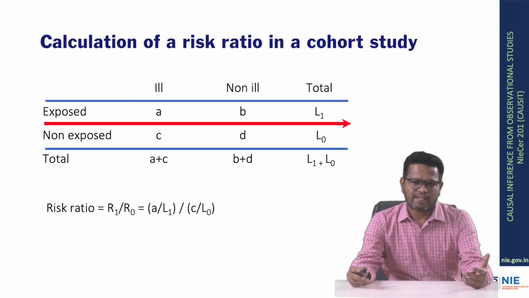The risk ratio is calculated by dividing the risk in the exposed group, that is A divided by L1, by the risk in the unexposed group, that is C divided by L0. Compared to difference measures, ratio measures are dimensionless because the units cancel upon division. The risk ratio is a better indicator of strength of association compared to the risk difference.